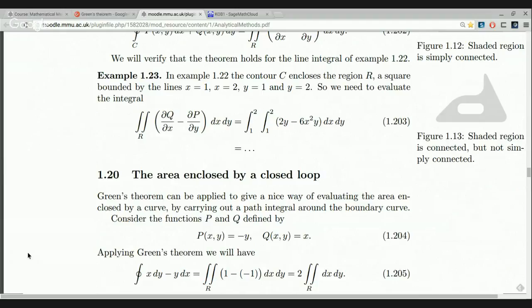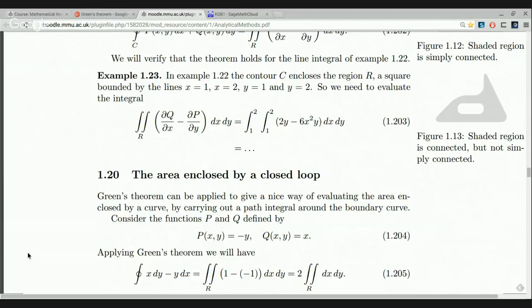Green's theorem implies that minus 18 is equal to the double integral over this square. Make sure those partial derivatives are right. So q is the function 2xy, so dq/dx will be 2y, and then minus dp/dy. p is 3x squared y squared, so dp/dy will be 6x squared y, and we're integrating dx dy. This is the square between 1 and 2 on each axis, so this is the integral we need to do.